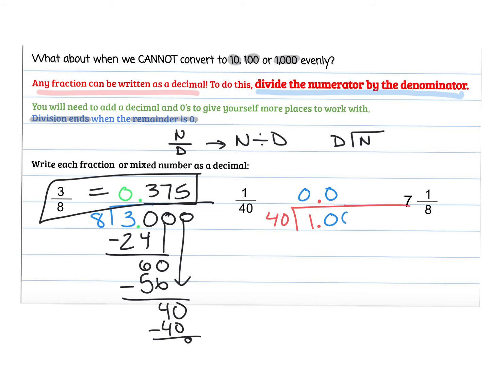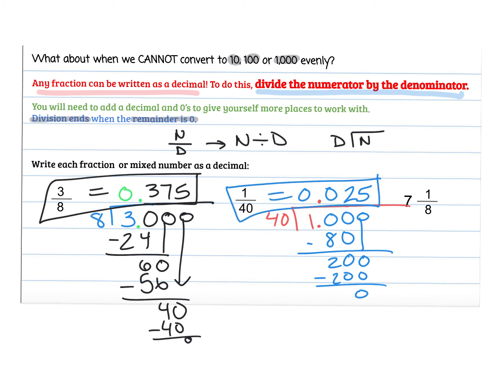So I add another one. 40 goes into 100 2 times for 80. 20 left over. Bring down another 0. I know that 40 goes into there 5 times, because 4 times 5 is 20. And that is 0 remainder. So 1/40th is the same as 25 thousandths.